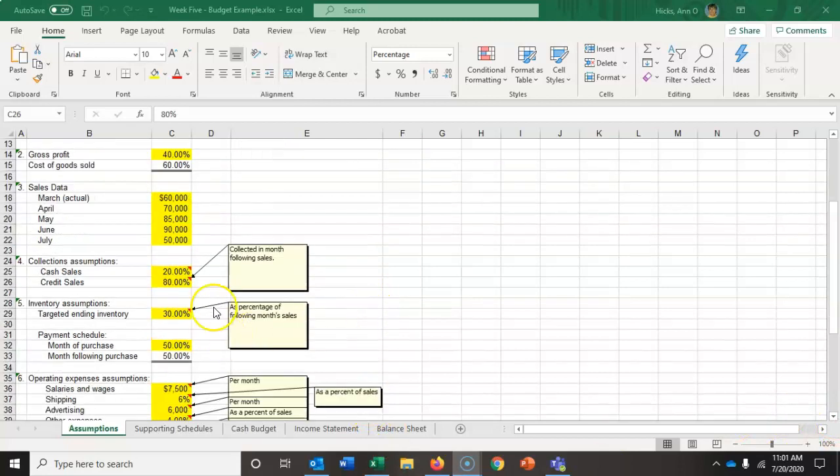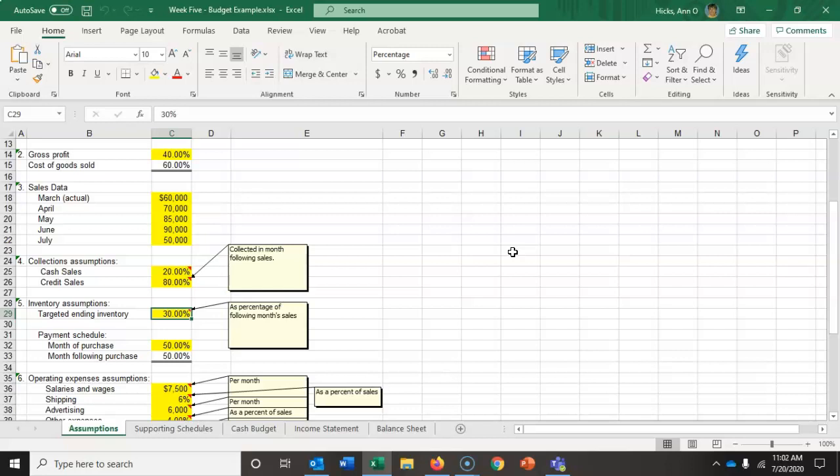Now, we're going to assume this is a company that is a merchandising company. They sell their product, but they do not manufacture it. So we need to have some inventory assumptions. The first inventory assumption we need to have is, what do we want to have on hand in our warehouse at the end of the month?